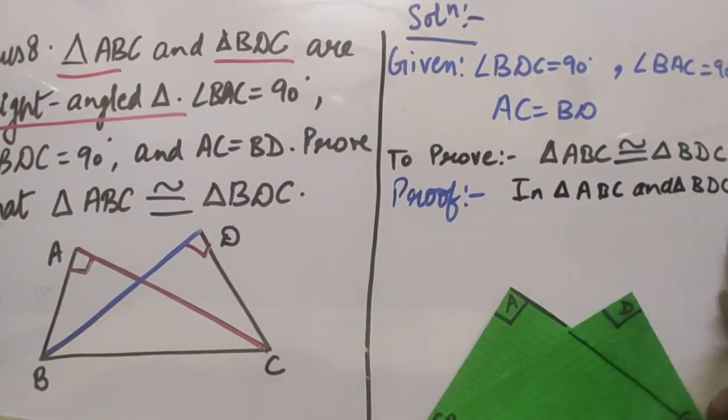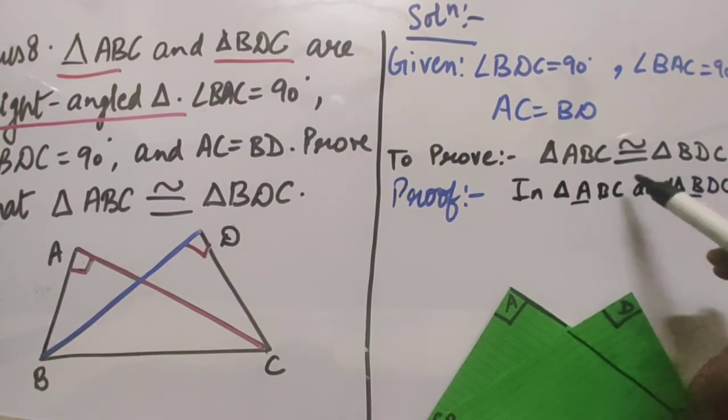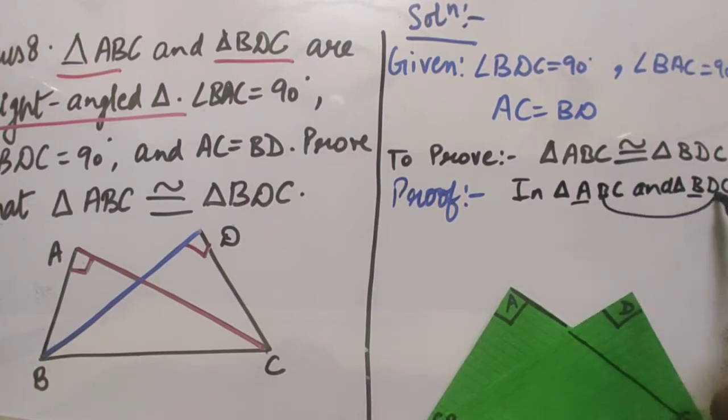So as per the given name, A has to correspond to B, right? And B should correspond to D, and C should correspond to C. Is it so? Right or not?